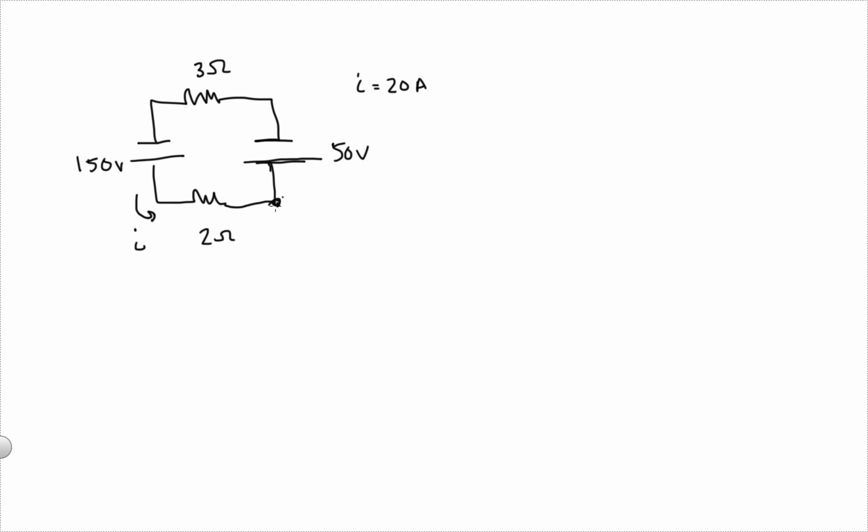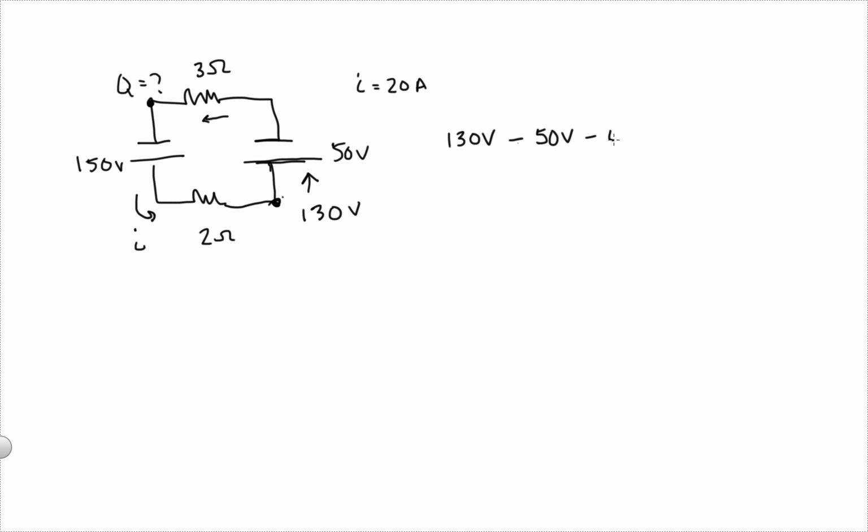And we're going to go from here, which is 130 volts, and figure out the potential up here. So if we go this way, in the same direction as the current, we're going to start at 130 volts. We're moving through a 50 volt battery from positive to negative, so we get a negative there. And we are going to cross this 3 ohm resistor up top in the same direction as the current.